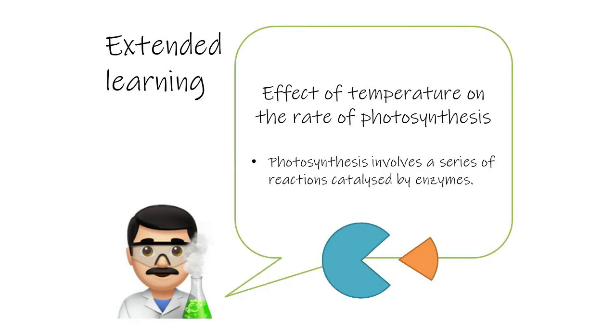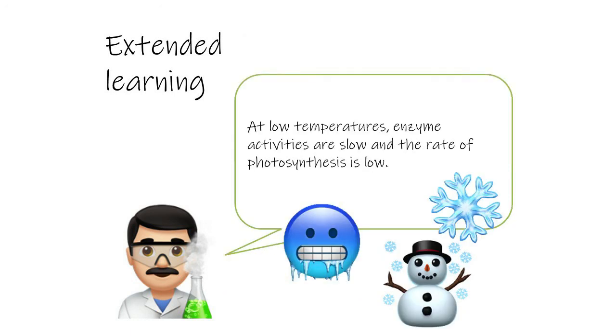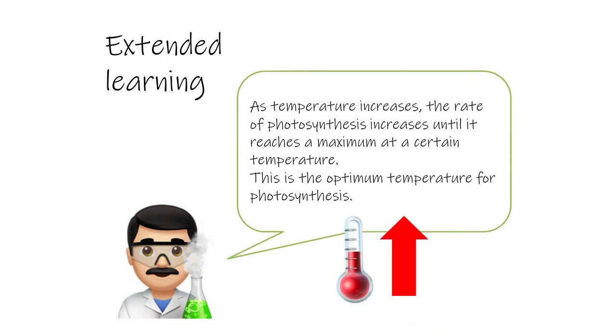Now, let's talk about the effect of temperature on the rate of photosynthesis. Photosynthesis involves a series of reactions catalyzed by enzymes. At low temperatures, enzyme activities are slow, and the rate of photosynthesis is low. As temperature increases, the rate of photosynthesis increases until it reaches a maximum at a certain temperature.